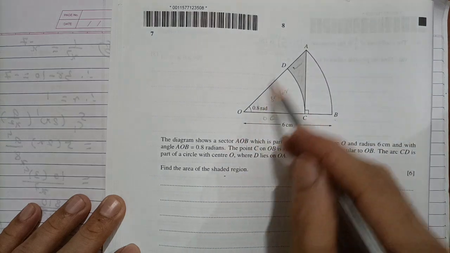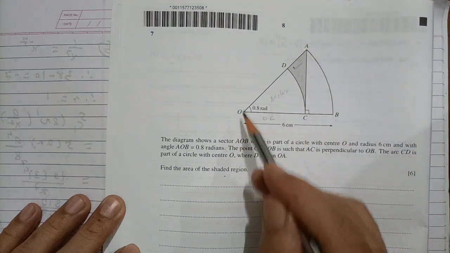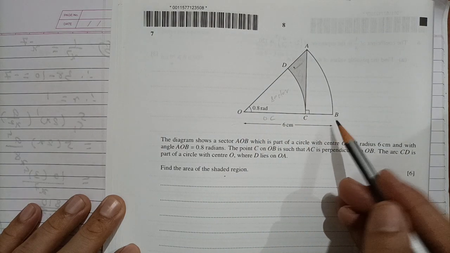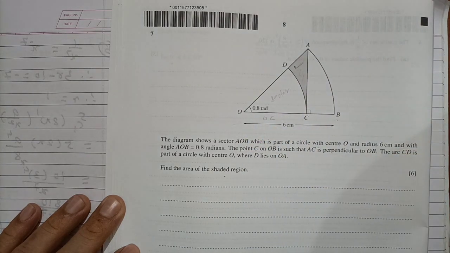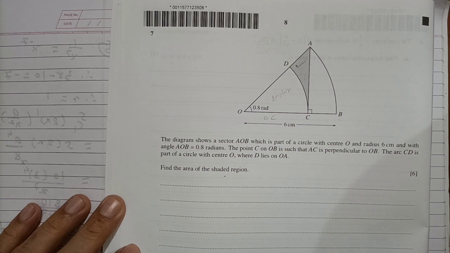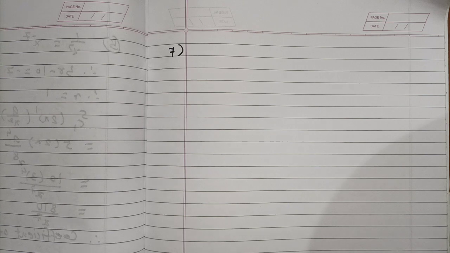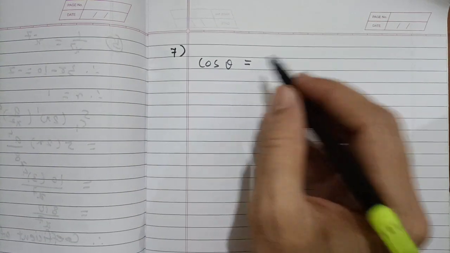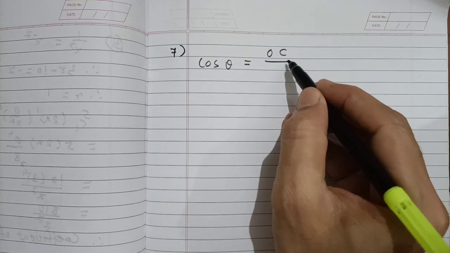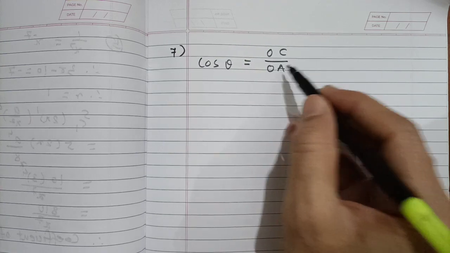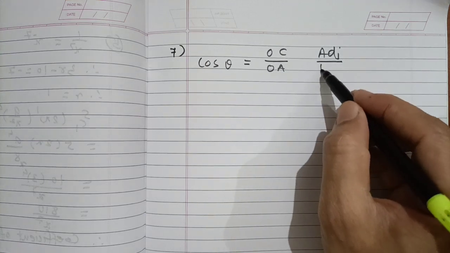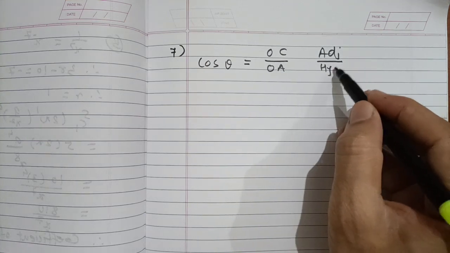Because both are the radii of this big sector. So we can use the formula for cos theta. So cos theta is equal to OC divided by OA, that is adjacent side divided by hypotenuse.